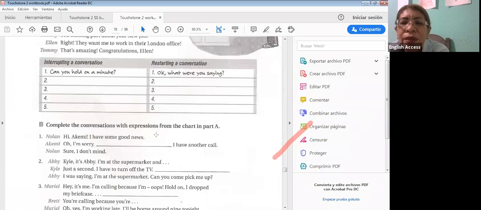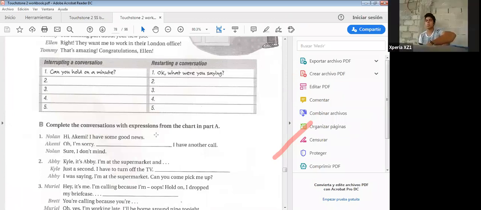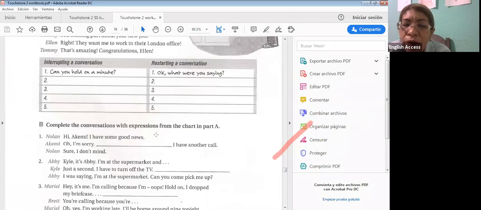So remember 76, 77, and 78. Only 3 pages. They are going to be your homework for next Saturday. Try to study and do your homework. Don't wait until the next class to do the homework in class.